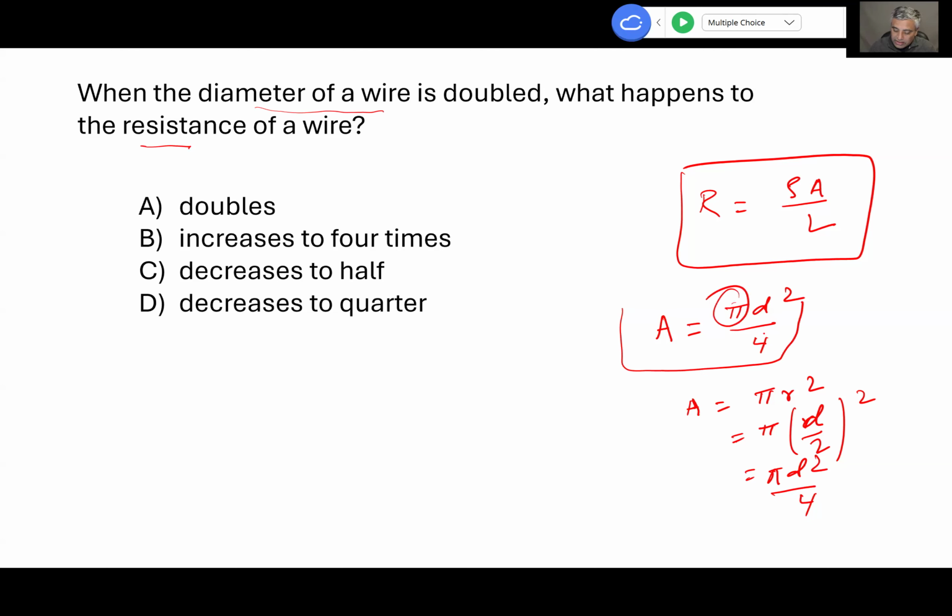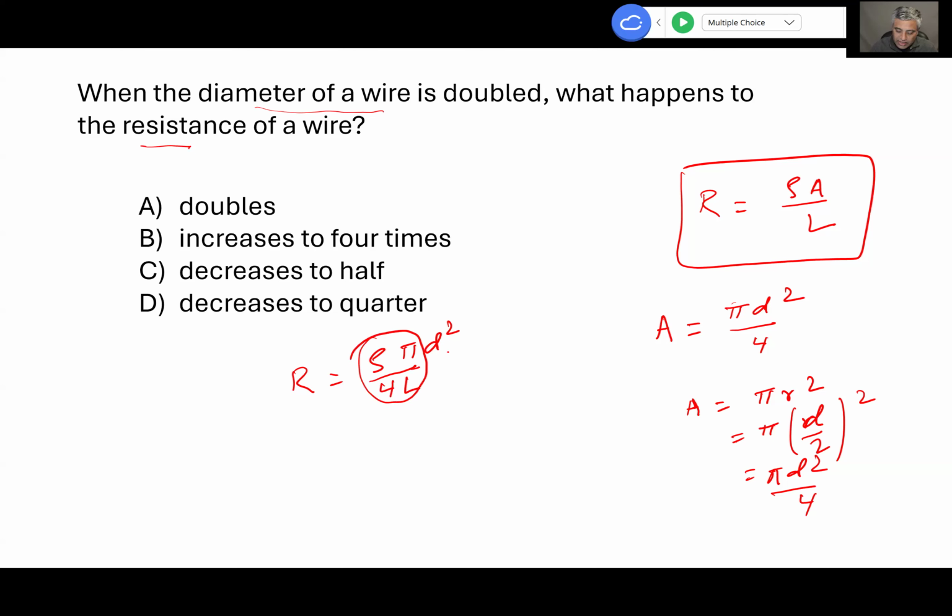Pi is constant, 4 is constant. We are not changing length, we are simply changing the diameter. So we may write this as R equals rho L over pi d squared over 4.